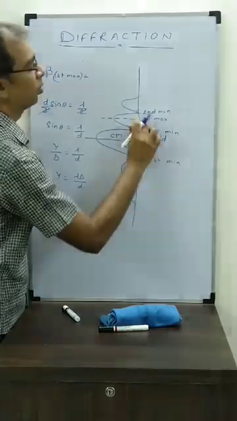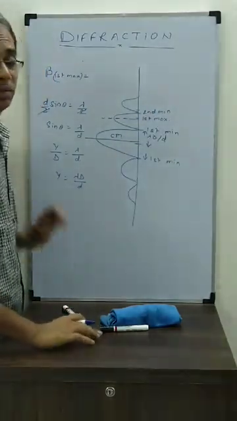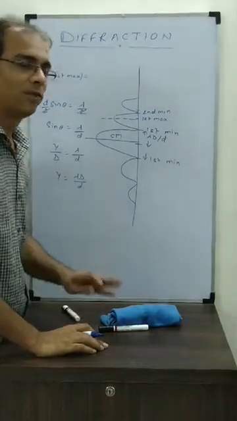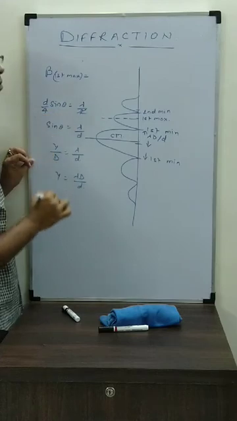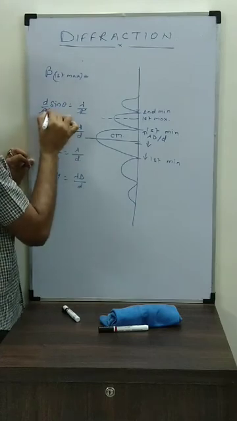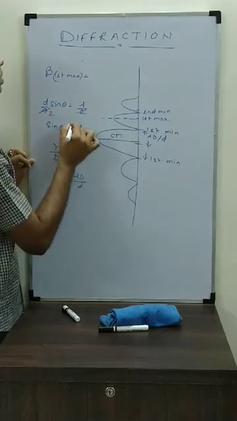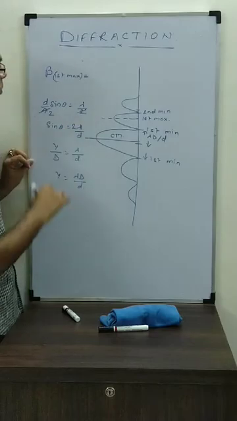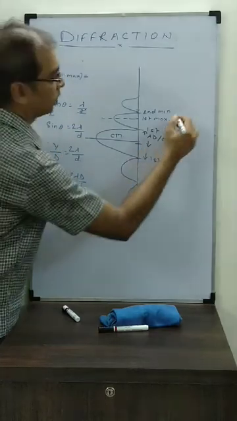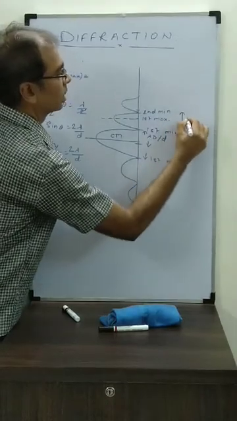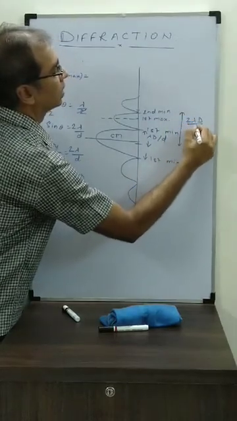Now I'm going for second minima. For second minima, how many zones? 4 zones. So this d by 2 will change into d by 4. So here y will be 2 lambda D by d. That means this value here is 2 lambda D by d.